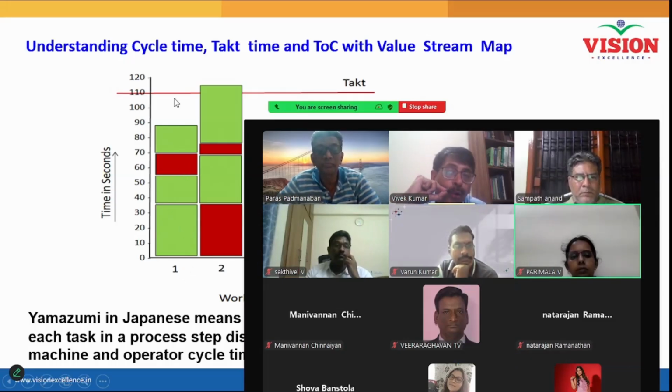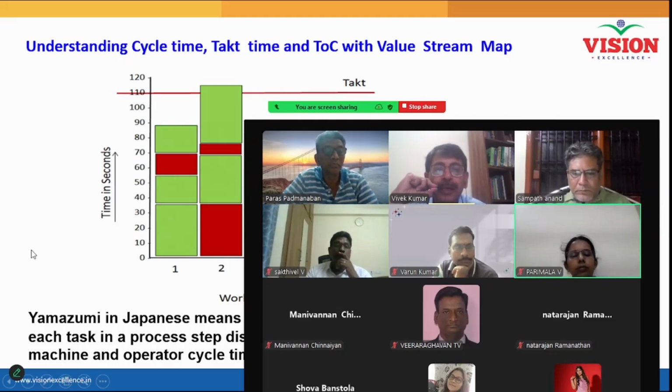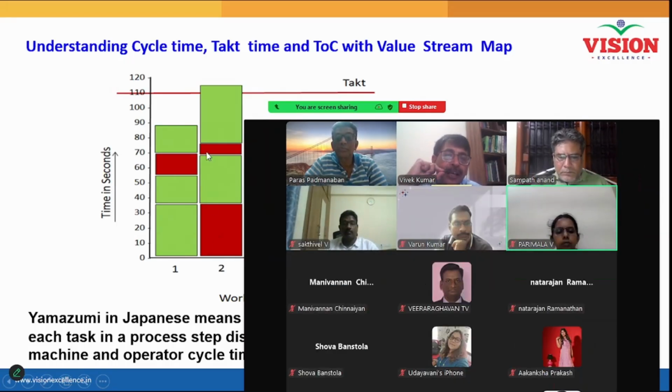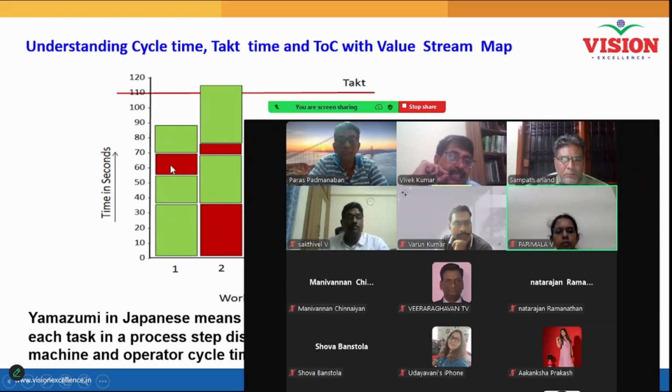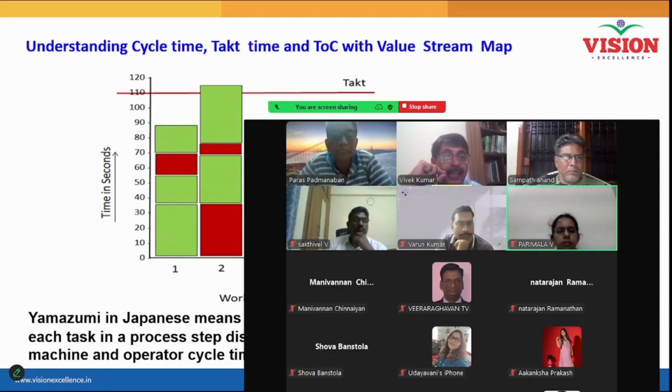Do not really match figure to figure, this is some other calculation. But in this Yamazumi chart, these red blocks I am representing for breakdown time and changeover time. That is time lost.